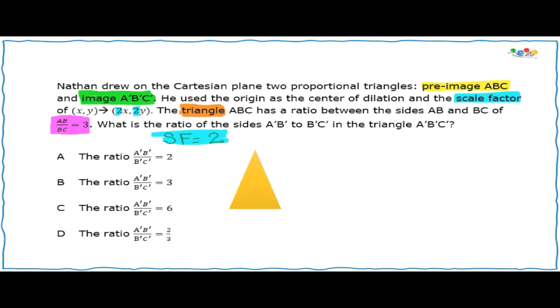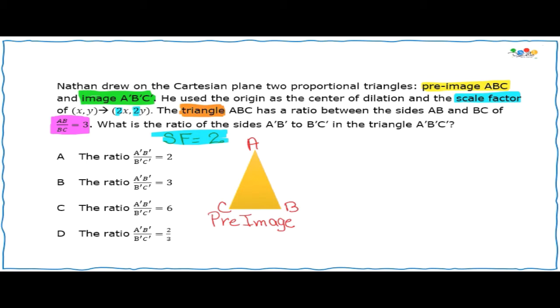Okay, ready to continue? So if this is my pre-image, then what do I know about it? Well, I know that they have a ratio of AB over BC equals 3. So I'm going to put labels here: A, B, and C. When you compare as a ratio, as a fraction, it means a division, right?